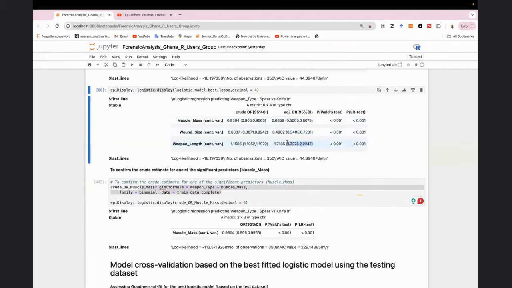This one is 1.3 and 2 point something. If this one had been 0.3 and the upper one had been 1 point anything, 1 can be found in the middle. That means that the p-value wouldn't have been significant. Okay, so that's one thing I just want us to know, that you can actually conclude on significance of odds ratios based on the confidence interval without even making use of p-values.